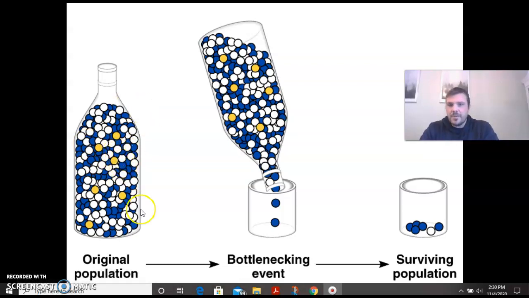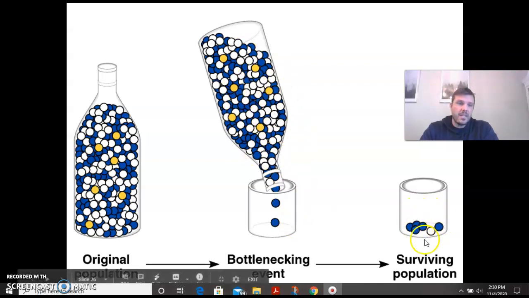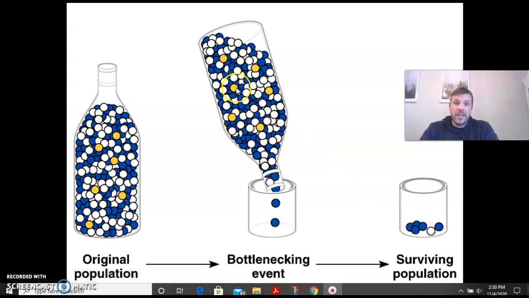If I was to cut the number of alleles in the population down, because I'm breaking down the population in general, killing off animals to a very small number, then you can imagine that the genetic variation in the ones that remain is going to be relatively small. And there's a very good chance that we're going to lose some variation as we go from that large population to the small population, which means that the species in general will not be as well equipped to adapt to any given environment if there are environmental changes.